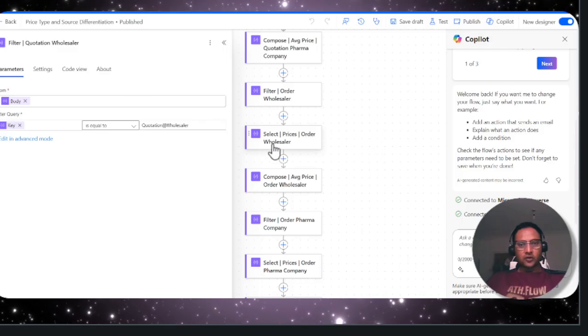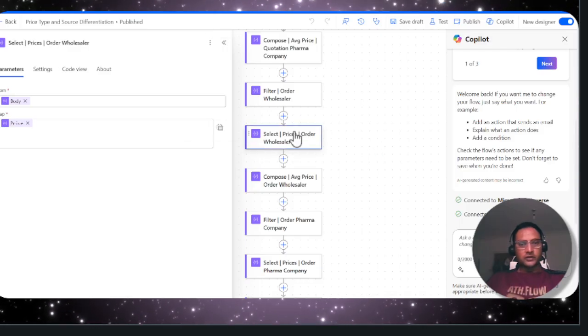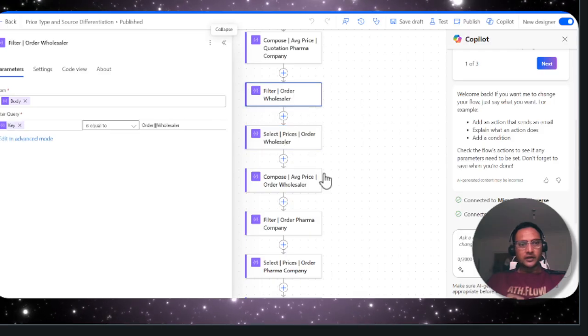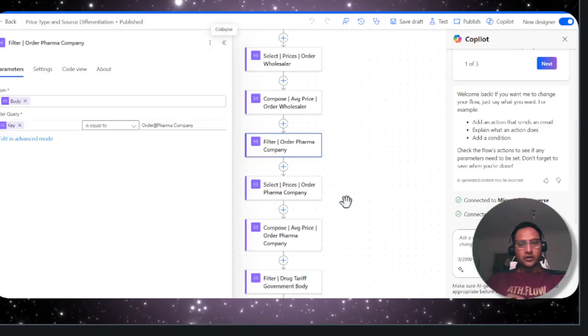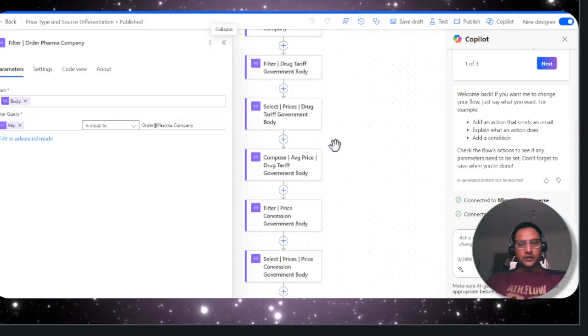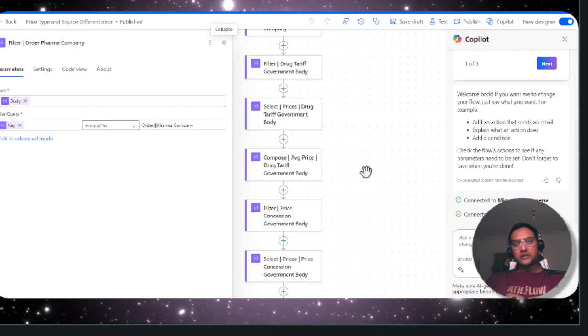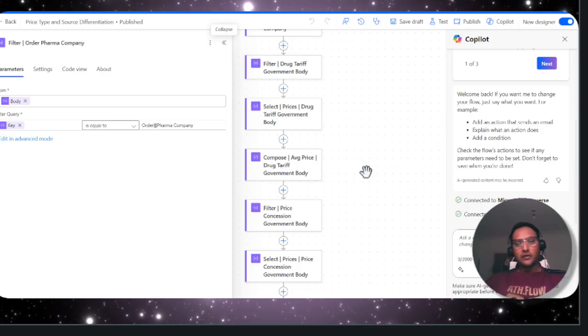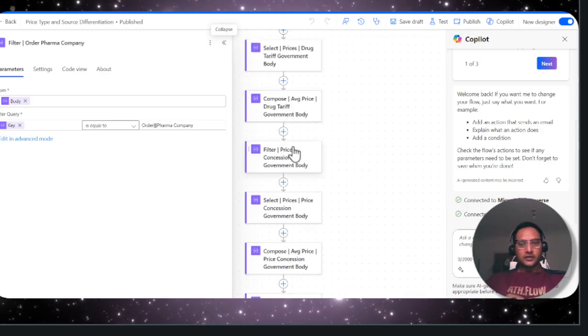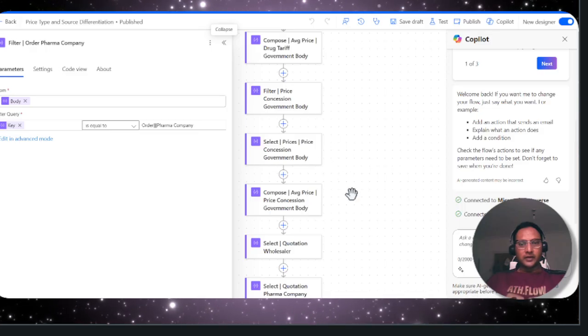Now this is another combination, order and wholesaler. So this is another combination. I'll be doing it 3 to 4 times, because for the data I've selected, there are 4 to 5 combinations. I'm just repeating those steps here.